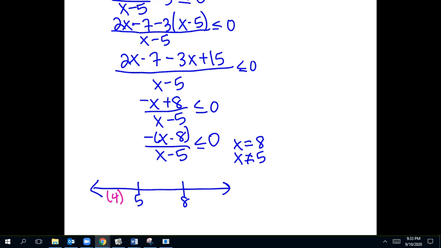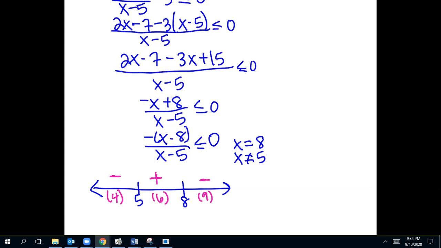And then on the bottom, I get another negative. So that's a negative. I plug in 6. 6 minus 8 is negative, times a negative is positive, and then 6 minus 5 is positive. So it stays positive. And then 9 minus 8 is positive, 9 minus 5 is positive, but then we have that negative out front.